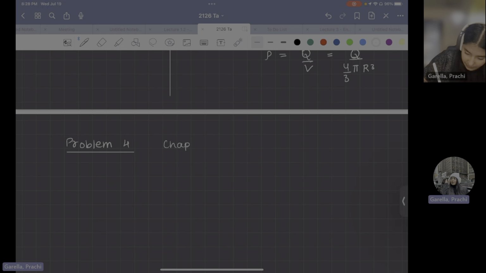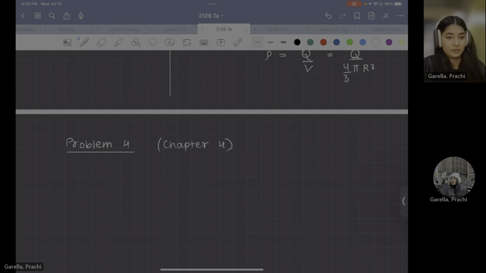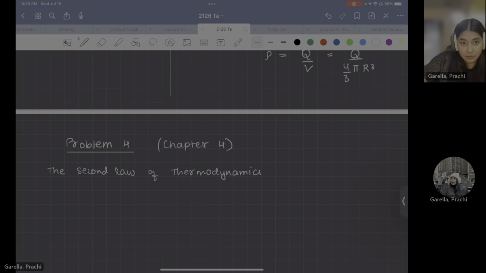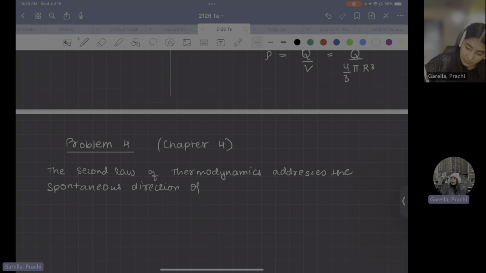This is from chapter 4. So problem 4 is: the second law of thermodynamics addresses the spontaneous direction of processes.